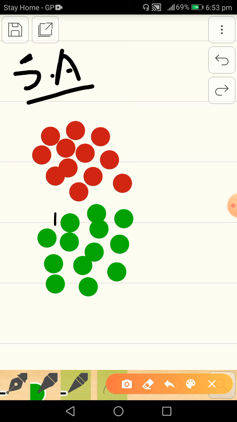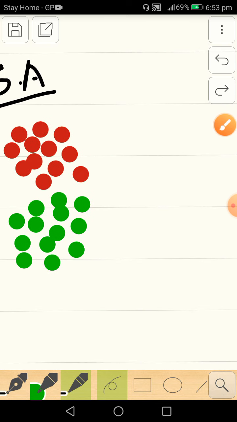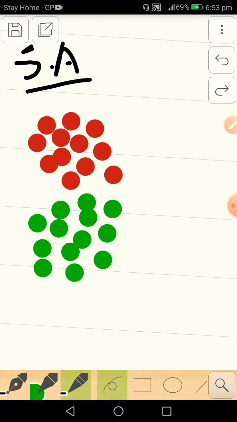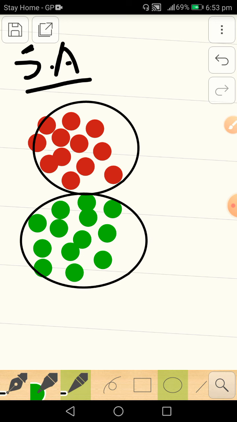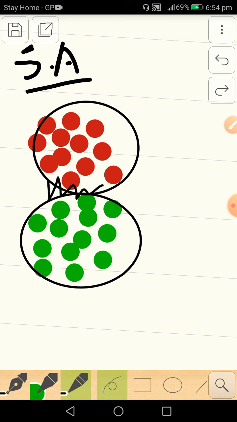Look here, the surface area is this, and here the surface area is this. The amount of contact surface is very small.